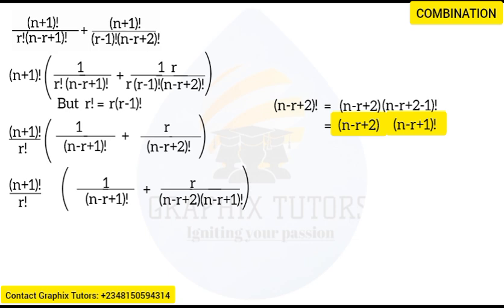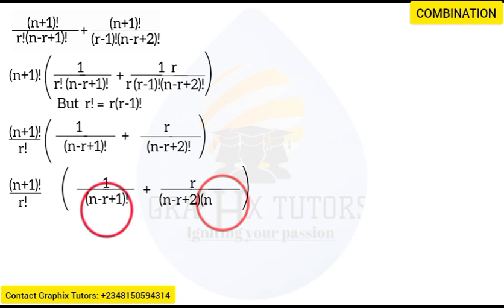Now if you look at the left hand side of the positive sign and at the right hand side of the positive sign, inside the bracket, we have one thing in common, and that is n minus r plus 1 factorial. So I'm going to bring it out.